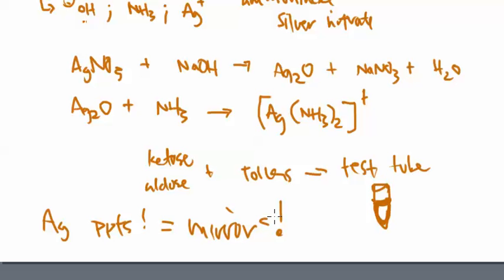It latches onto the sides of the piece of glass or the container that you put it in, and you get this nice mirrored reflection all the way around that you can see yourself in. So, a beautiful, nice little reaction that goes on. The ketose or the aldehyde, basically you end up with, up here at the very top, a C double bond O, O minus. So that's kind of the ending result that we see.